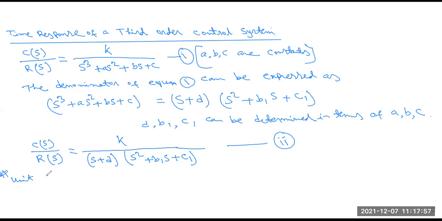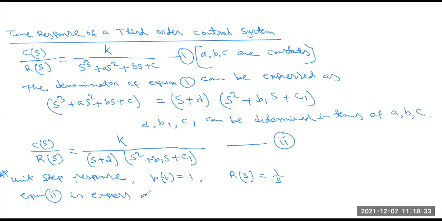When we apply the unit step input to the third order control system, r(t) equals 1, and we know that R(s) equals 1 by S. So equation 2 is expressed as C(s) equals R(s) into K by S plus D into S square plus B1 S plus C1.